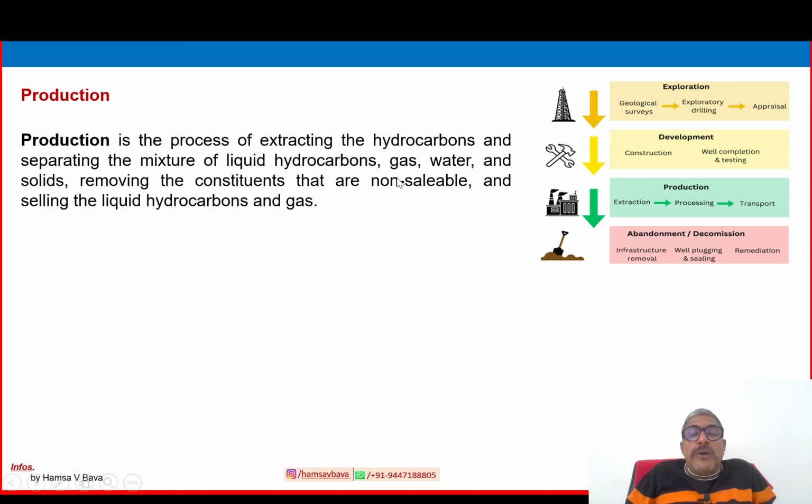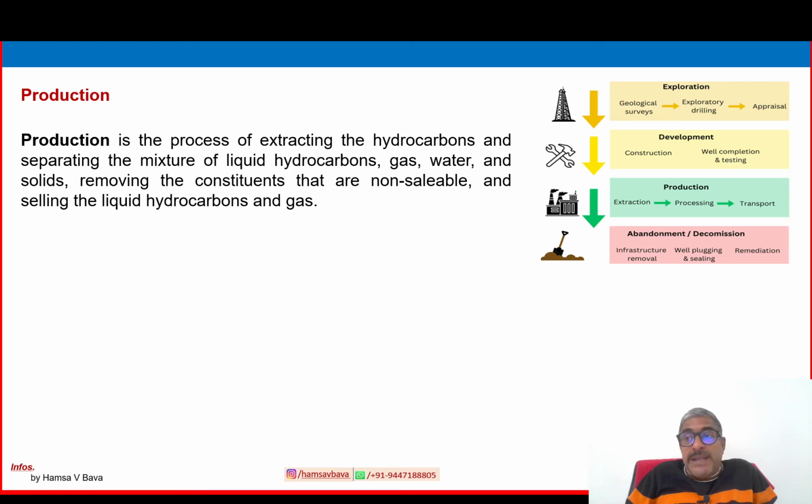So it is a mixture of liquid hydrocarbon, gas, water and solids, and we remove the constituents that are non-saleable and sell the liquid hydrocarbon and gas. Gaseous hydrocarbon and liquid hydrocarbon we can sell, and we can produce various value added products from them. So that is the production process.